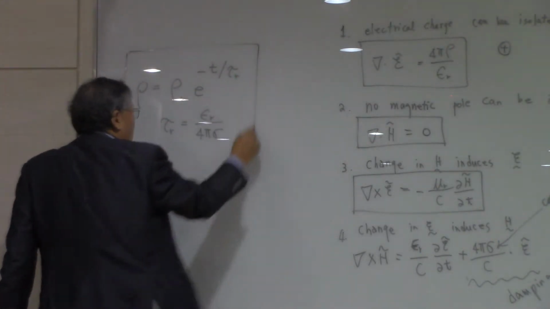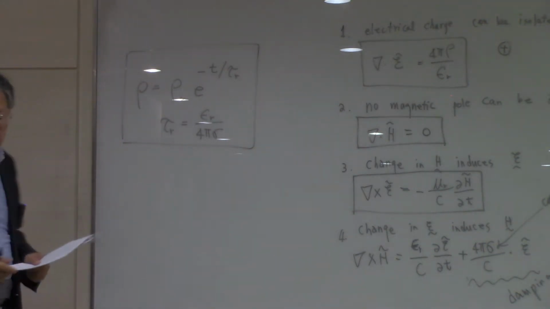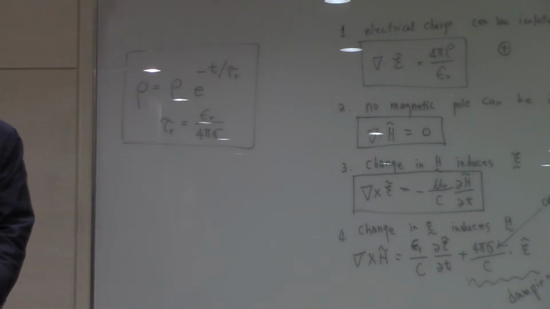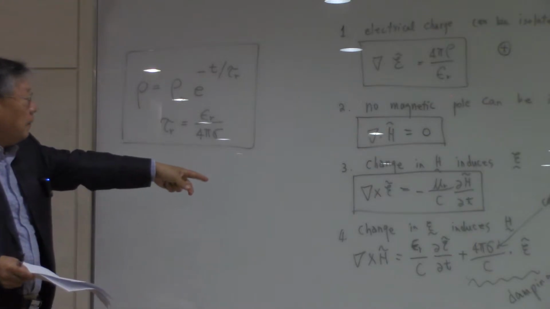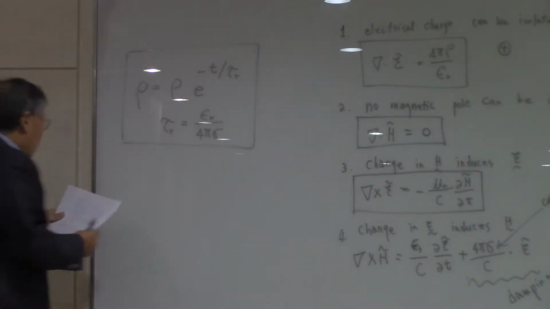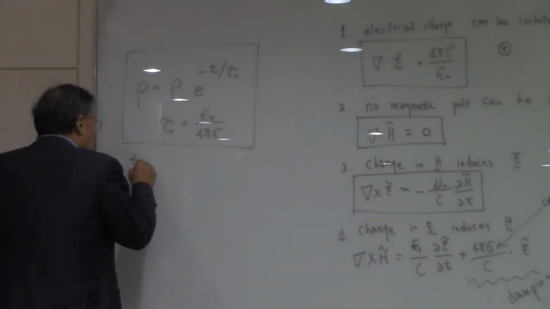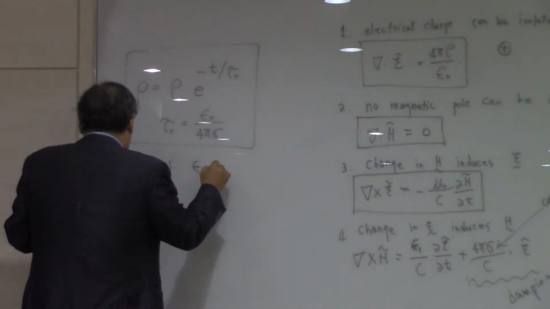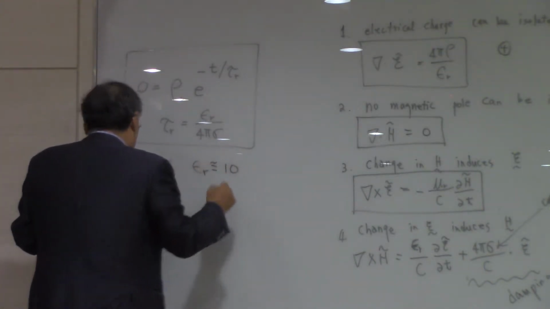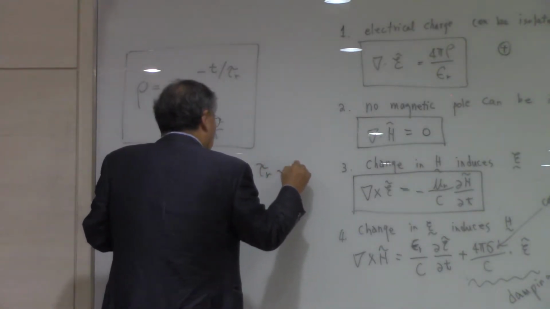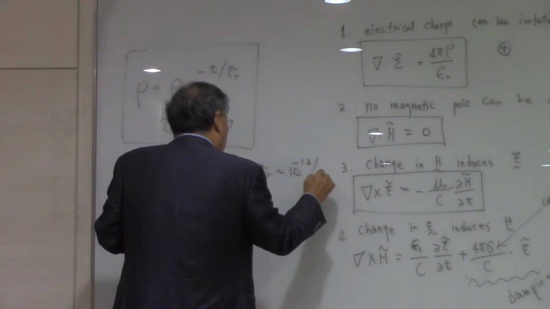It looks very natural, but we can get these numbers in a mathematical formula like that using the Maxwell equations. And I'll give you the typical numbers for this. Dielectric constant is 10, and tau R, the relaxation time, is 10 to the minus 12 per second.